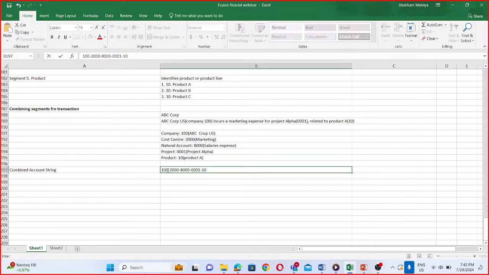The combined account string provides a detailed and structured way to record the transaction, ensuring that it is accurately categorized and easily reportable.